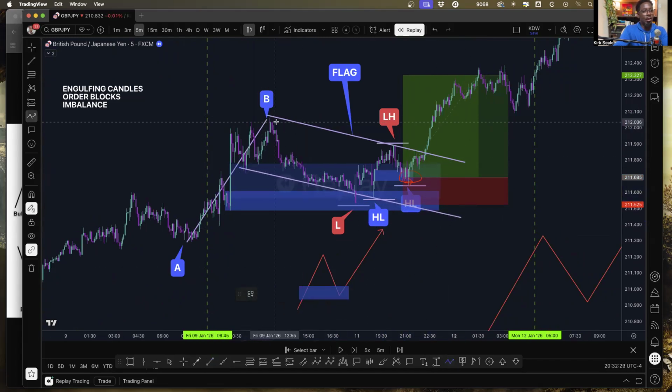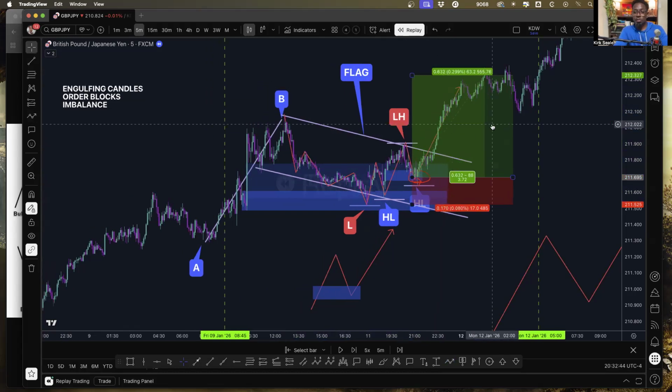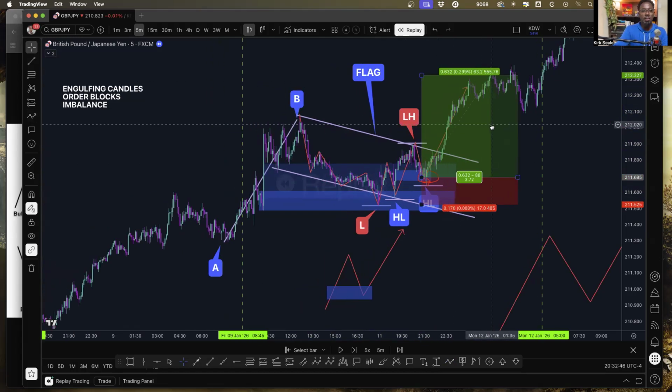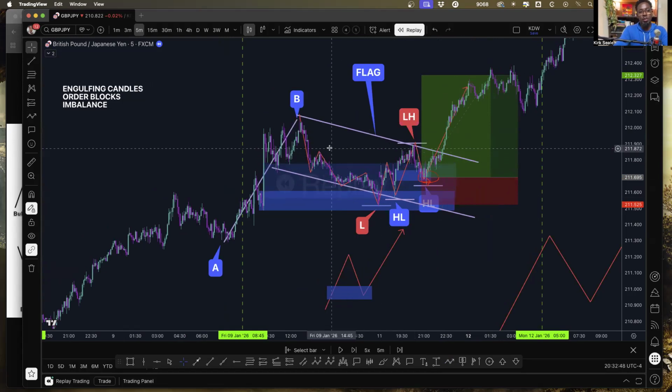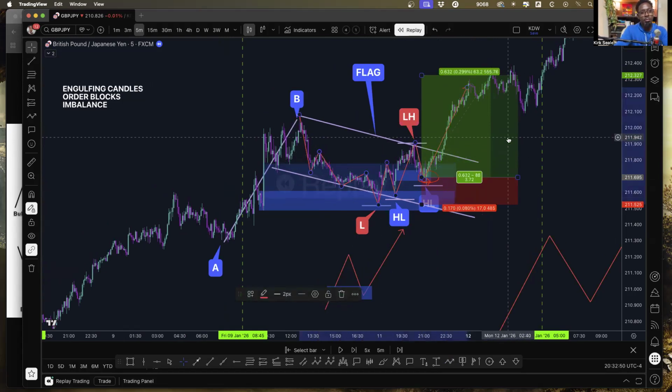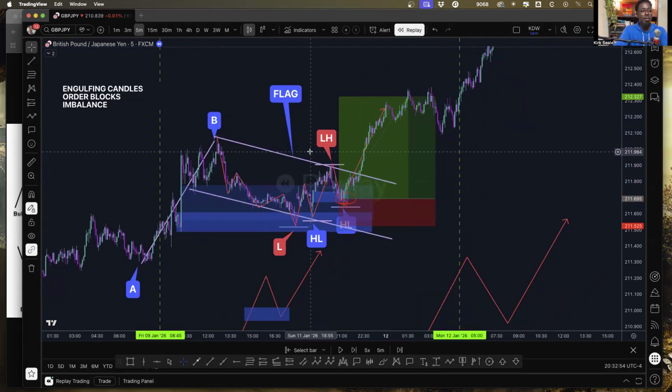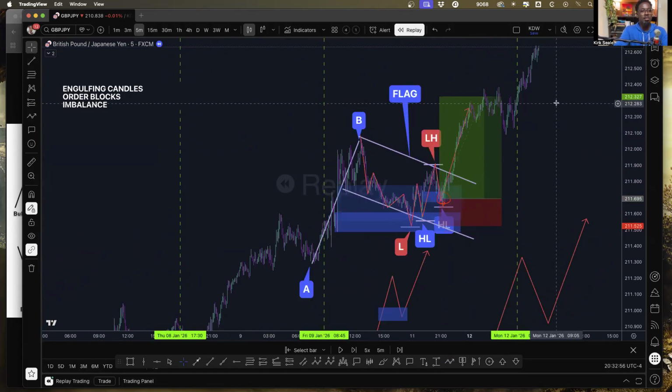We didn't get a lot of up and down inside of the flag. It kind of came up here, came back down, kind of came up here, came back down. It's not clear. Now, I would encourage you guys to trade what is clear, and if it doesn't seem clear, just leave it out. So this is how we would have traded this potentially.